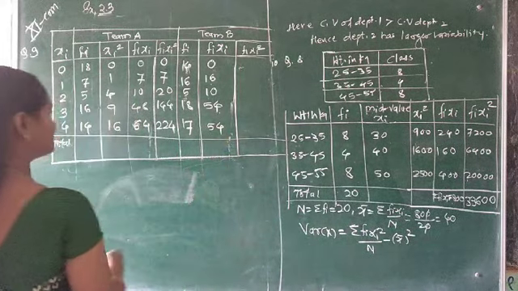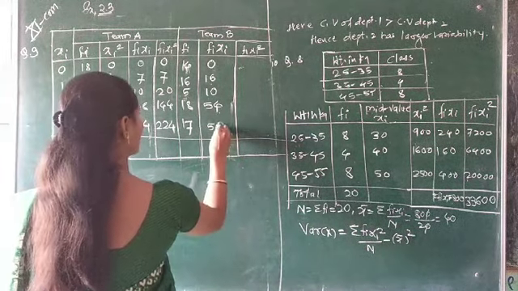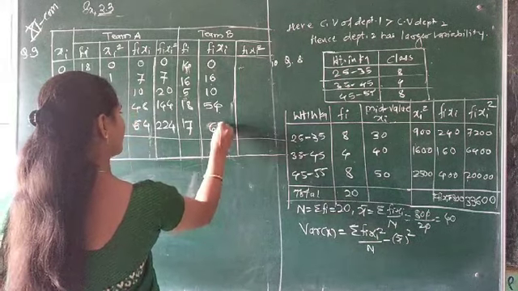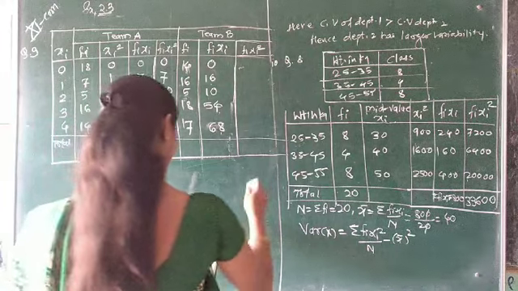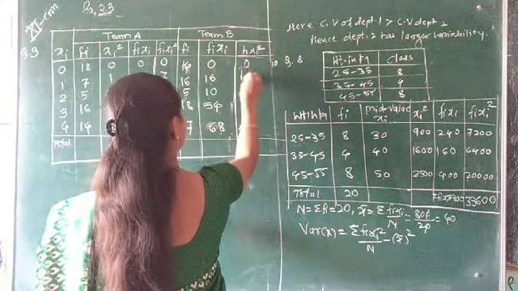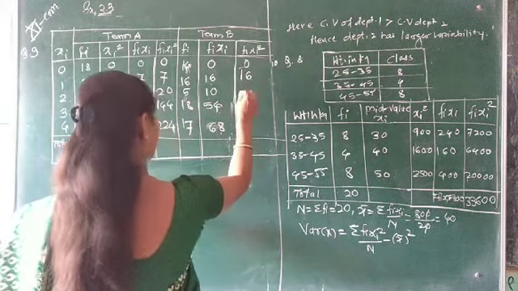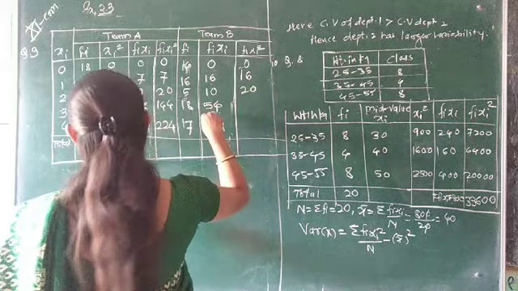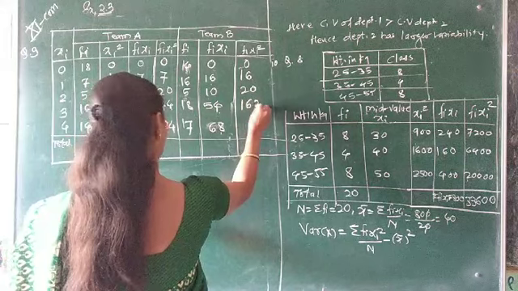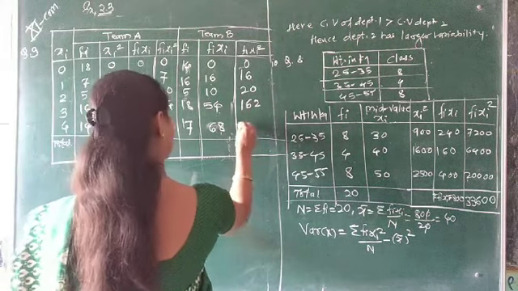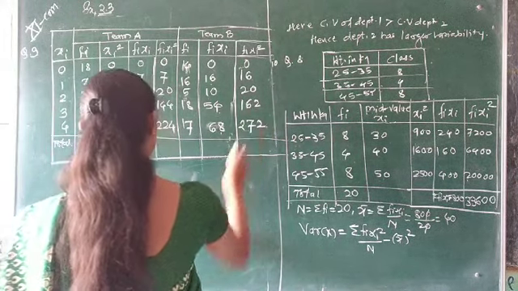Next one, fi xi square, that is 0, 16, 20, then 54 into 3, which is 162, and next 68 into 4, that is 272.